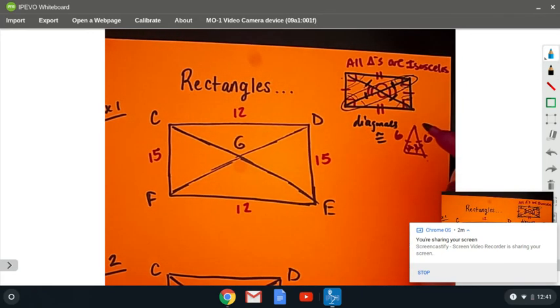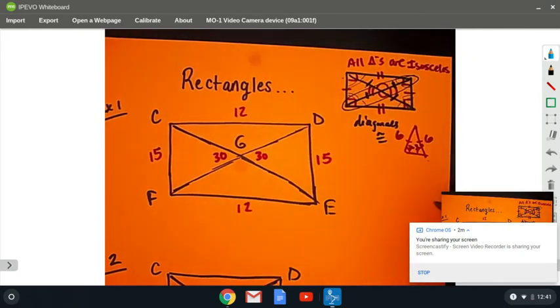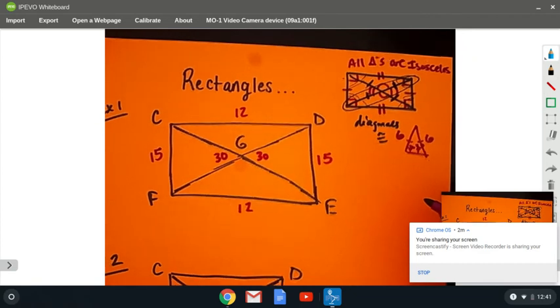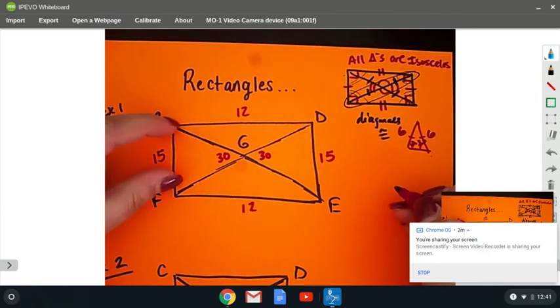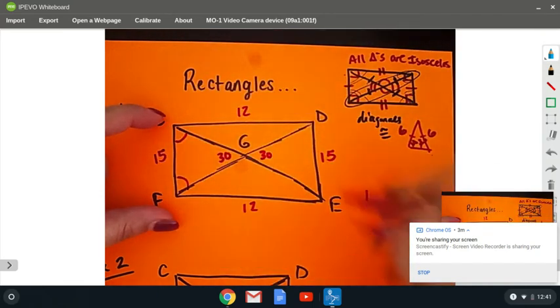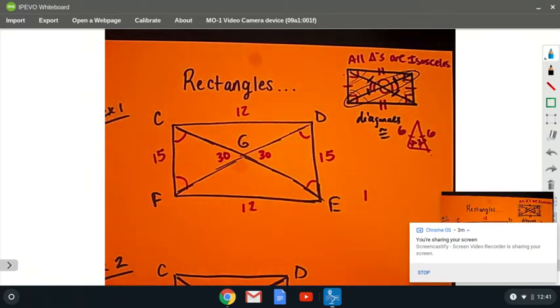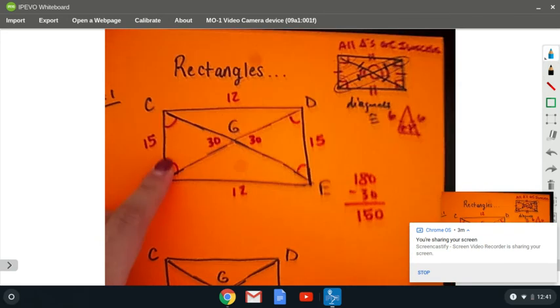Now, something else important is if I said this was 30 degrees, this would also be 30 degrees. If I know that this is 30 degrees, I can find both of these base angles, because I should know that these are the same, and these are the same as well. So if I know that those base angles are the same, I can do 180 minus 30 to get 150.